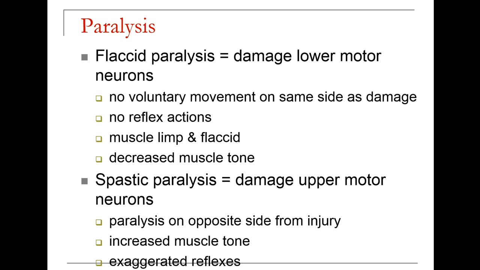So in this case, you still have lower motor neurons that are innervating the skeletal muscle, and they're sitting there just waiting for information to come to them, for a nervous impulse to come to them from those upper motor neurons, and they're not receiving it.